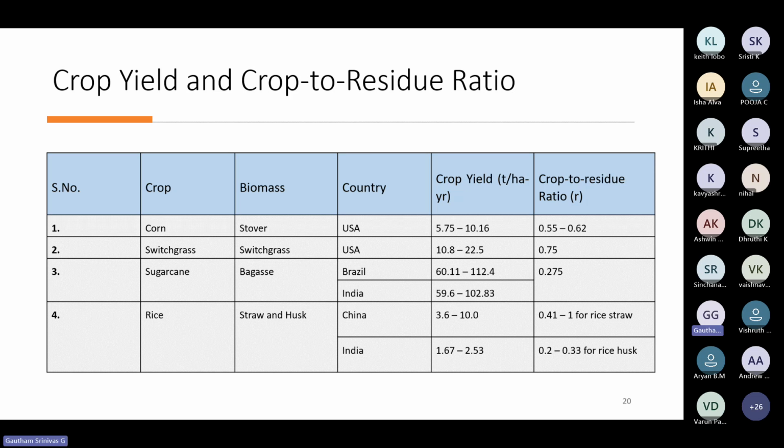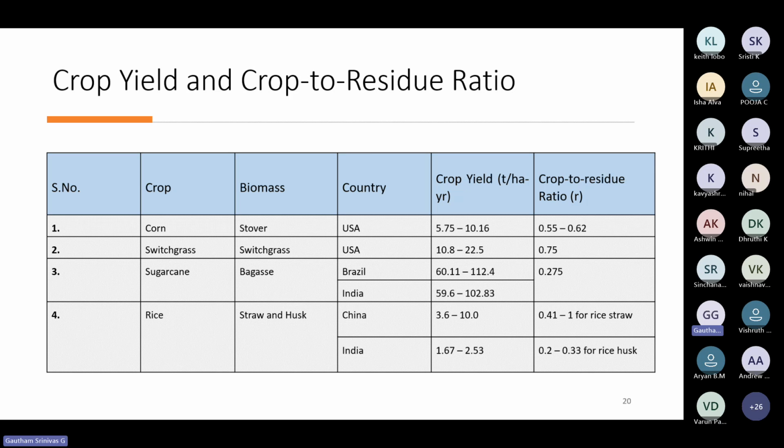Then you have sugarcane bagasse, rice straw, and rice husk. So sugarcane is produced mostly in Brazil and India. Rice is produced in China and India. And let me just turn your attention to these two numbers over here. Something that we need to desperately solve in our country.